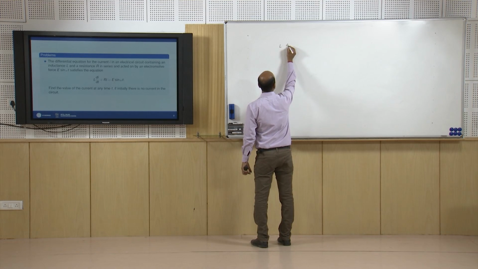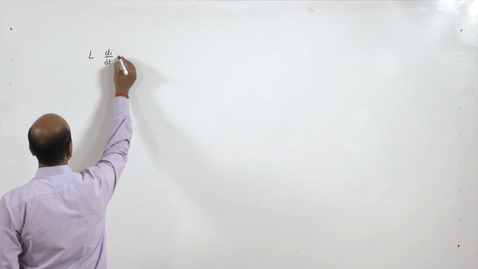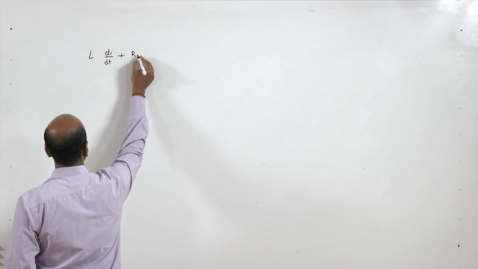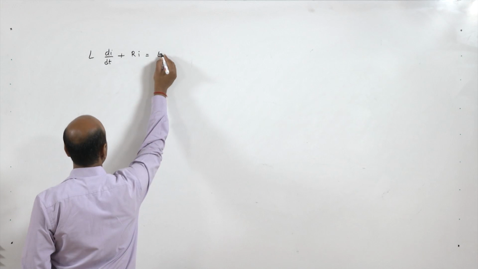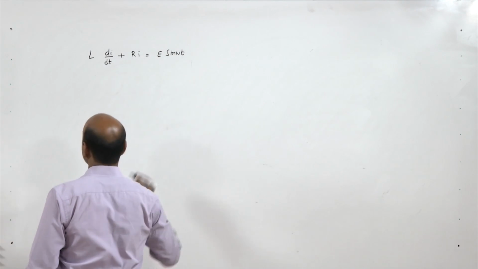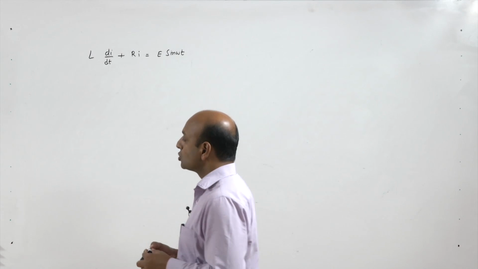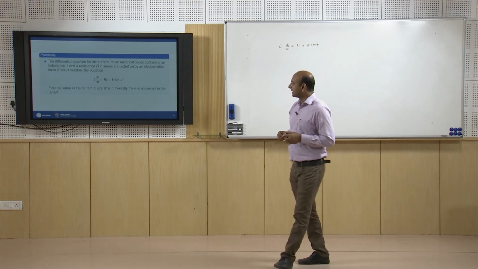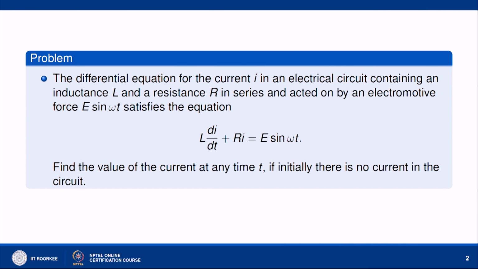It is L dI/dt plus RI equals E sin omega t. E sin omega t is the EMF, electromotive force. We have to find the value of the current at any time t if initially there is no current in the circuit, that is, I at t equal to 0 is 0.